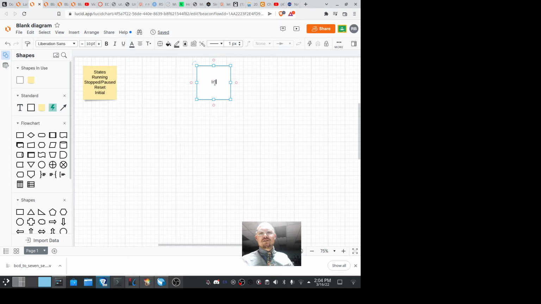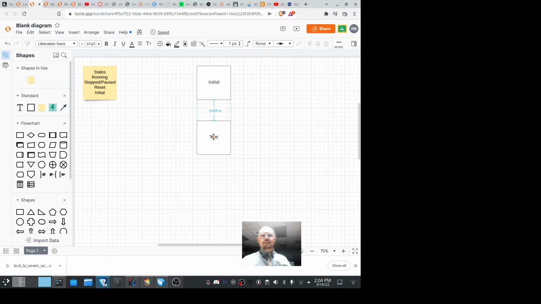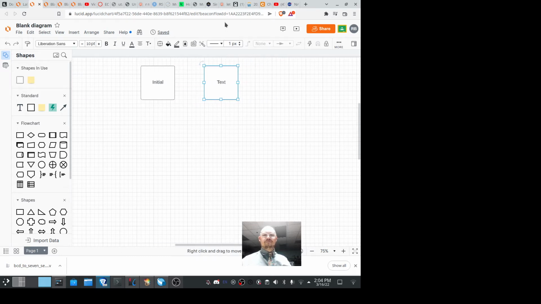So I'm going to make an initial state here. When you go to actually design yours, you can choose whether or not you want to include it. It might actually make things a little simpler if you don't in this case, but I'm going to do it in my design anyways. Okay, so we have an initial state here. I keep trying to find the best way to lay this out. I'm going to try sideways now. It gets really confusing when we start having crossing wires. So we have initial state, we have our running state, we said.